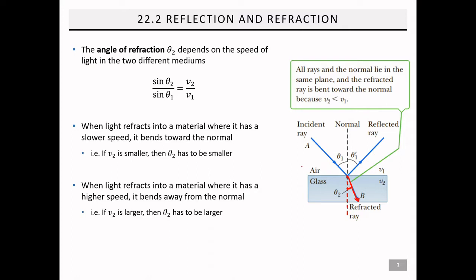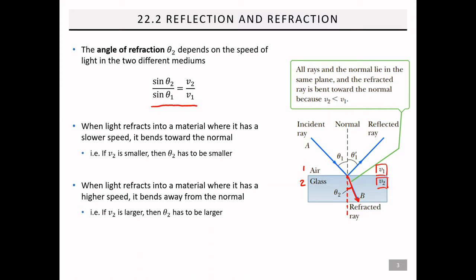In this example, let's say that air is the first medium and glass is the second medium. Then the speed that light travels in air we will call V1, and the speed light travels in glass we'll call V2. Then the refracted ray, or the angle of refraction, behaves according to this equality.